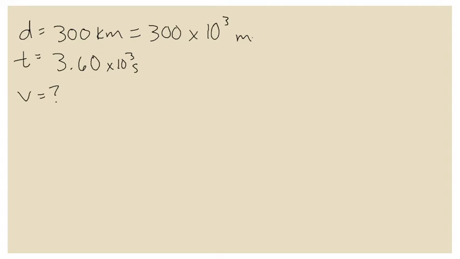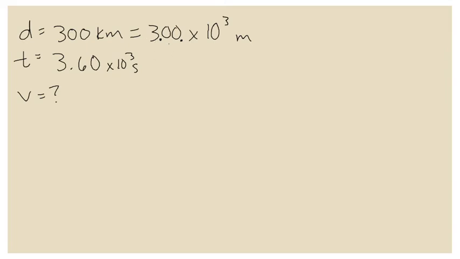But wait, that's not written in correct scientific notation. And it's not written in correct scientific notation because this number out in front needs to be greater than or equal to 1, but less than 10. So this is saying from here, you have to move the decimal point 3 places to the right. But we need the decimal point to be here for the number 3 to be greater than 1 or less than 10.